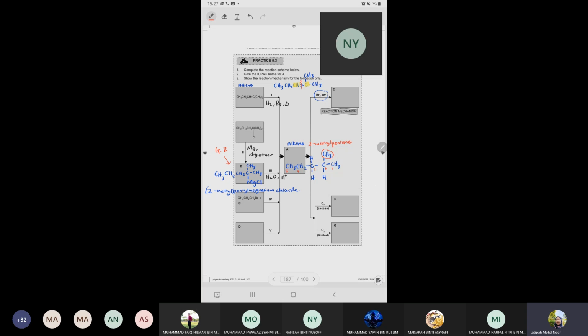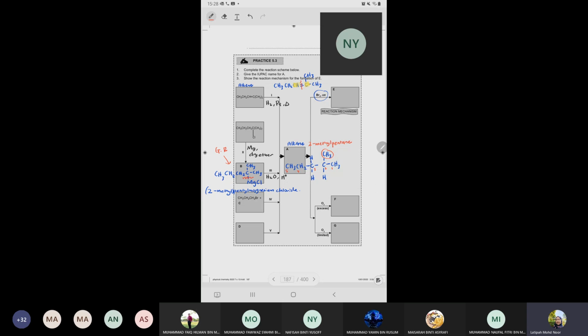Okay, what you have to do is to react the Grignard reagent with H2O H+.